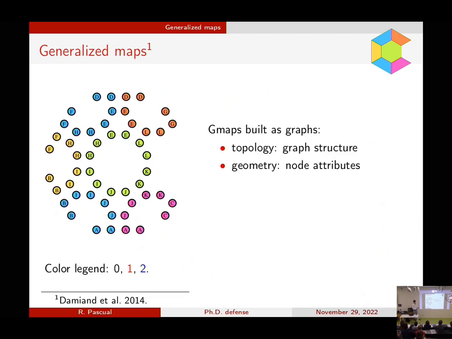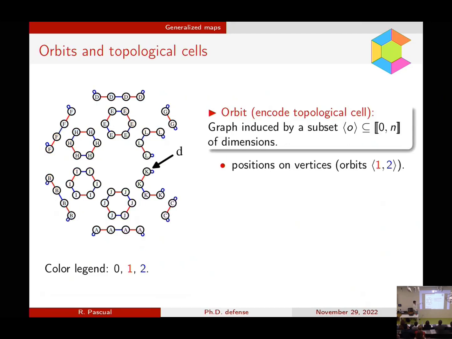But I've been lying a bit, in the sense that the topology, we still need to retrieve it on the graph. Because if I take the dart D here, it belongs to the vertex that is actually represented by a subgraph. And the subgraph, we call it orbit, and it relies on a subset of dimensions.